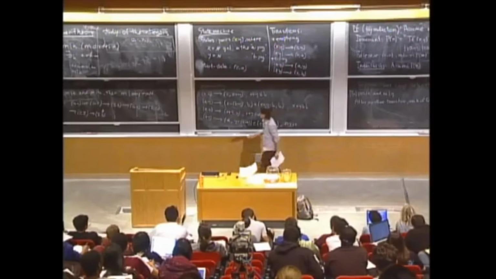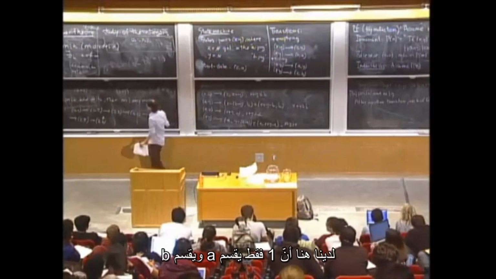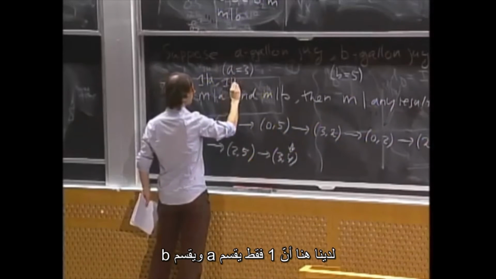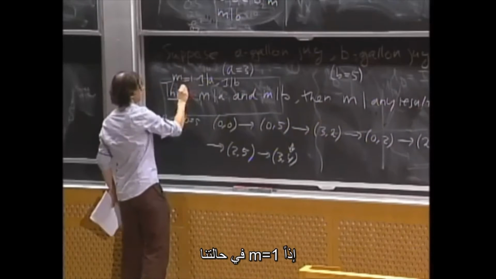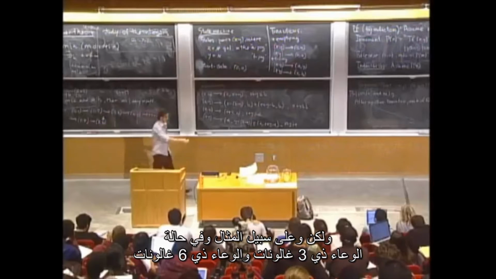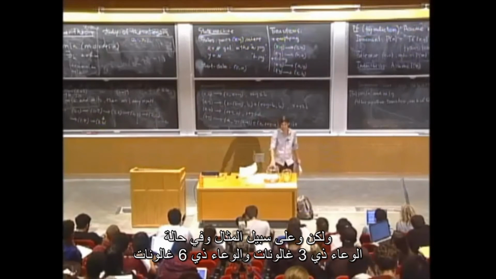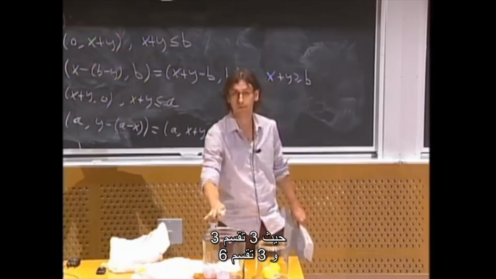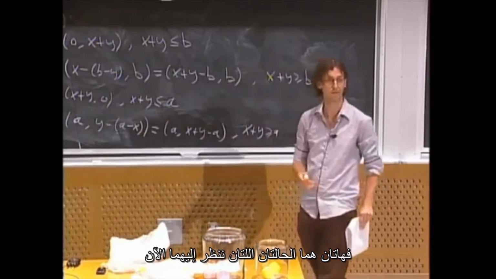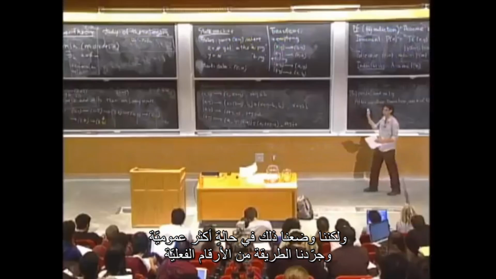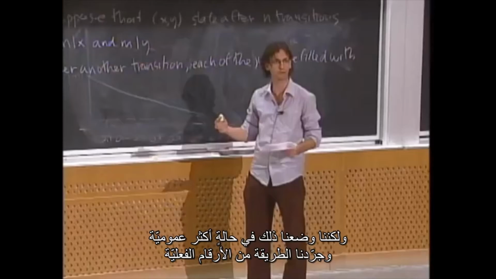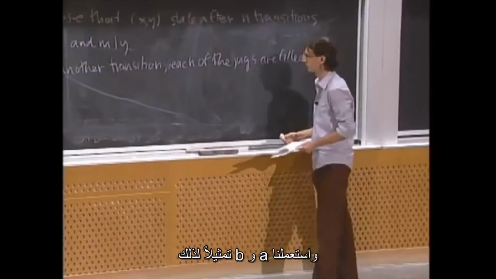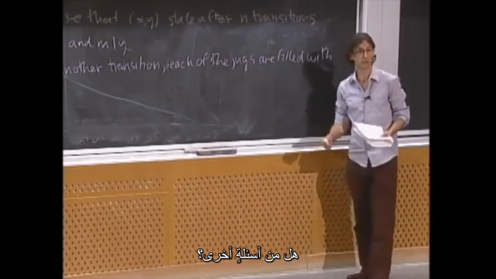Only 1 divides A as well as B. But for example, with the 3-gallon jug and the 6-gallon jug, we have that m equals 3, since 3 divides 3 and 3 divides 6. Those are the two cases we look at right now. But we put it into a much more general setting. We abstract away from the actual numbers and use A and B as representations. Are there any other questions?